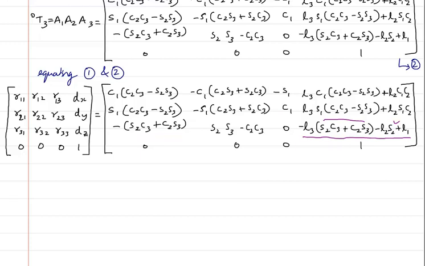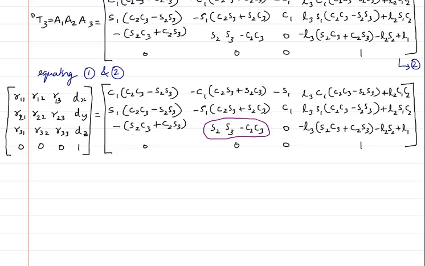Then let us look at how we will find theta 3. For that we can use this equation, because this is sine, or even this equation; we can use many equations here.